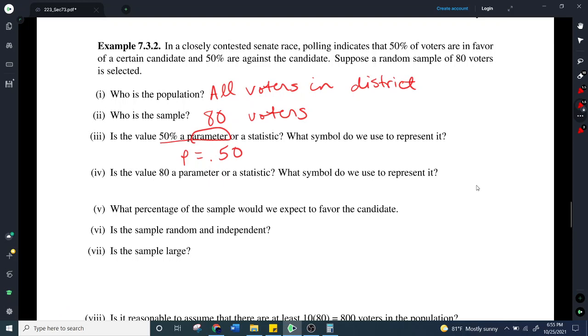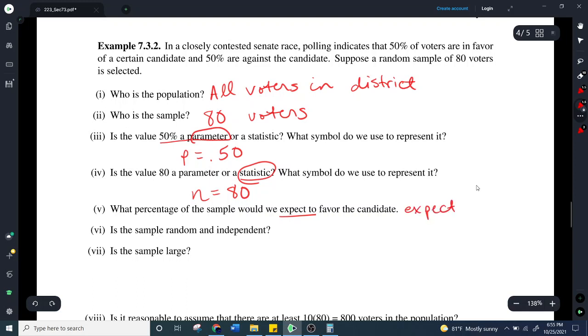Well, 80 describes our sample, so that means 80 is a statistic, and that's the sample size, so that's N. 80 is N. What percentage of the sample then would we expect to favor the candidate? Because it's a random sample, we expect that whatever is true for the population is going to also be true for our sample. So we expect about 50% to vote for the candidate that we're interested in, okay?